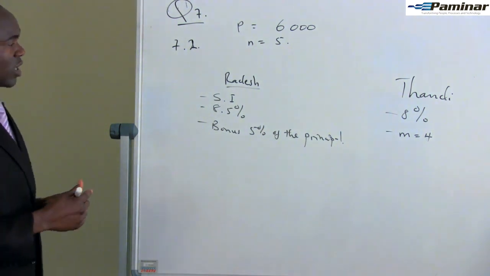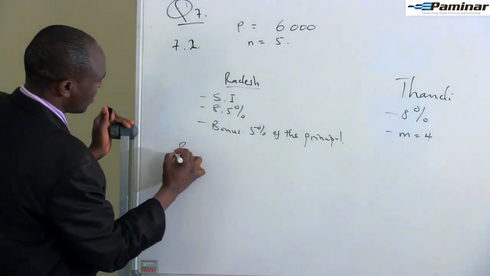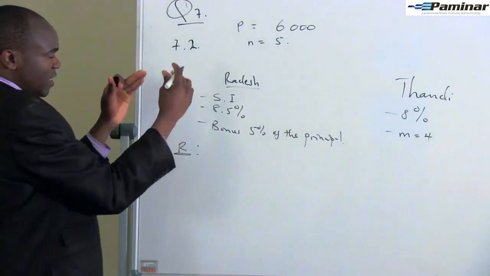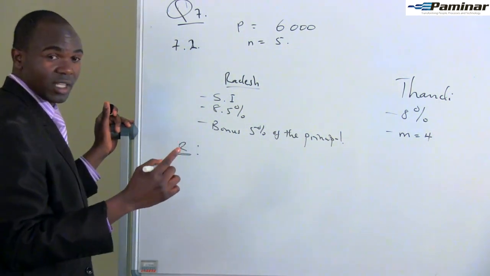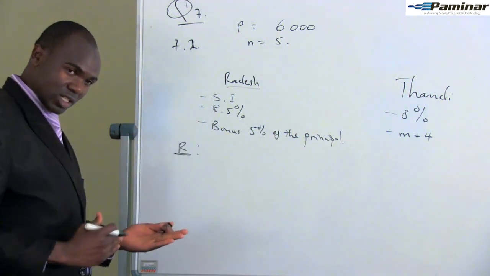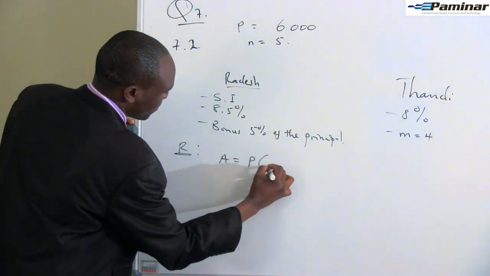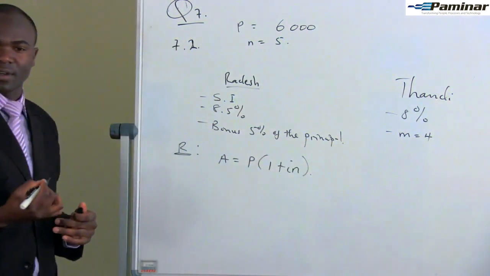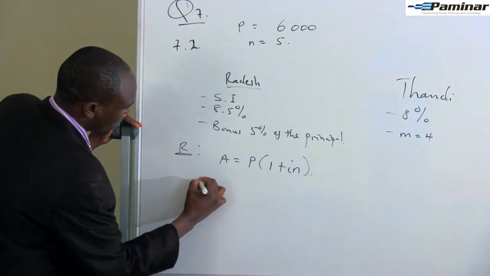Alright? So now, let's start with Rajesh first. Now, the working is as follows. He's going to invest 6,000, but let's use the formula first. The simple interest formula. Because the amount of money is going up, it's not decreasing. So we're going to use A is equal to P(1 plus iN). What is our A? That's the one that we're going to look for.